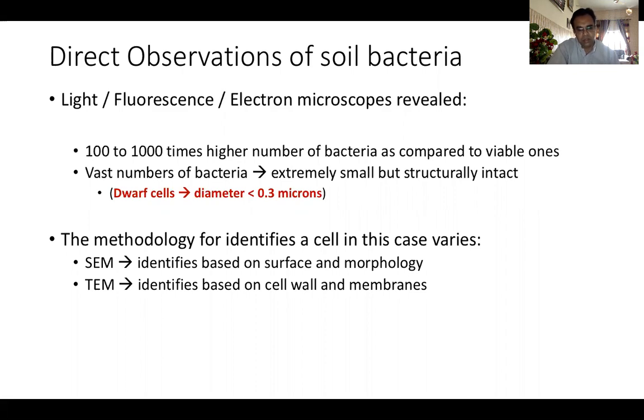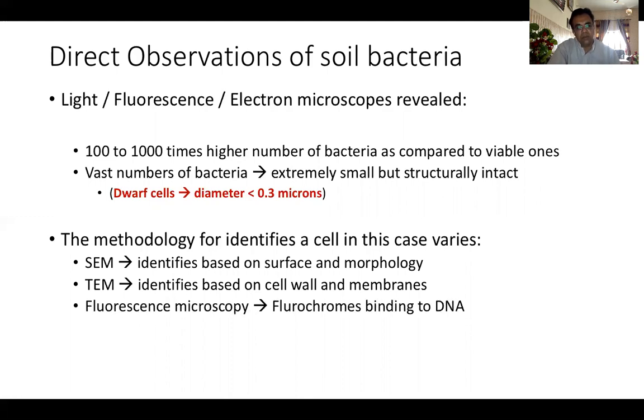And then transmission electron microscopy identifies the cell based on the cell wall or membrane characteristics. Then fluorescence microscopy identifies a cell based on a fluorochrome that binds to a certain DNA. So we can see which kind of sequence is present there, and we identify a particular cell.